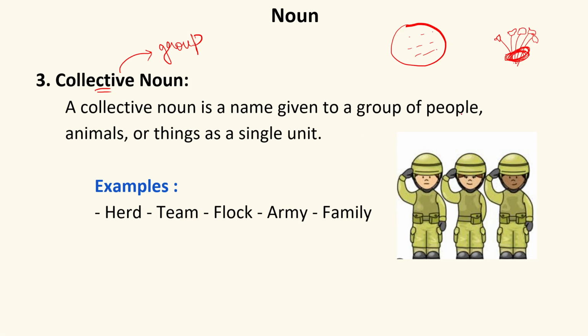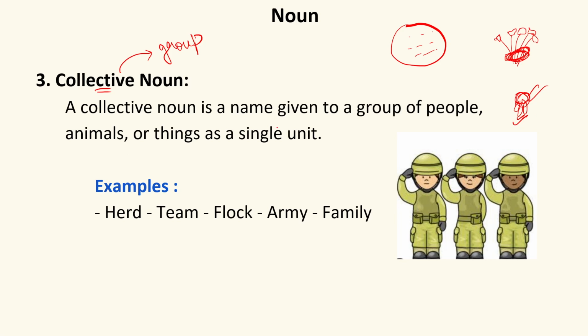Similarly, if I have many keys and arrange them in a bunch, this bunch of keys is a collective noun, because only one key will not form the bunch. There are keys that form the bunch.